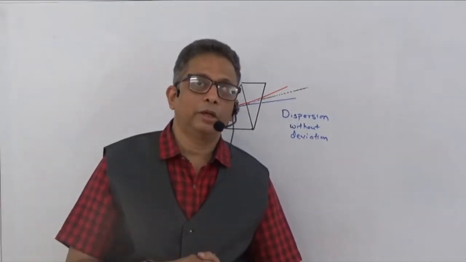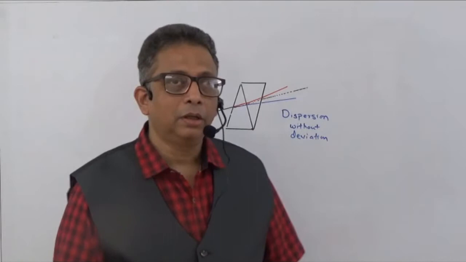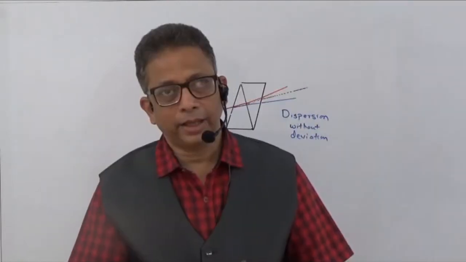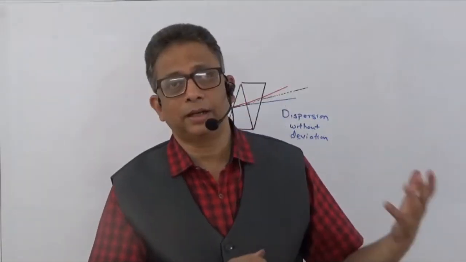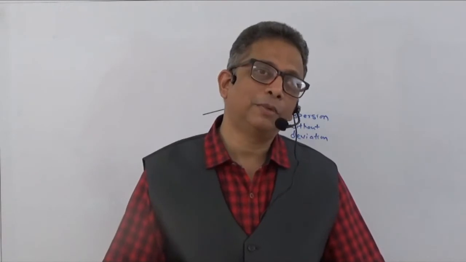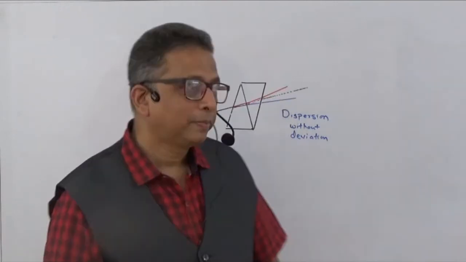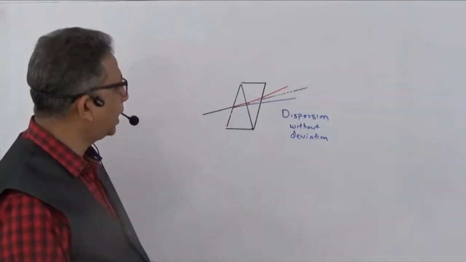If you want dispersion, red and all the colors have to change their angle as they enter the refractive indexes. Then how can we say this arrangement gives dispersion but not deviation? Just have a proper look at this diagram.